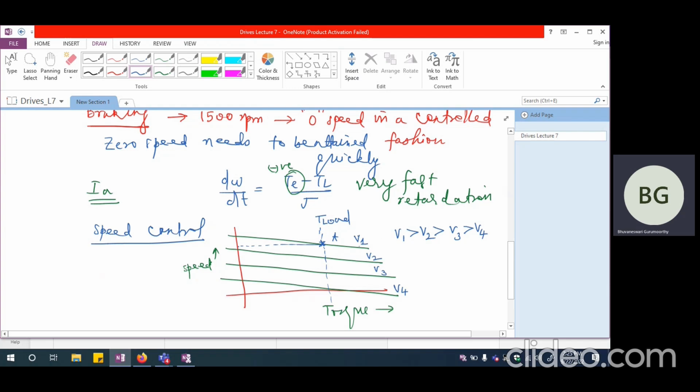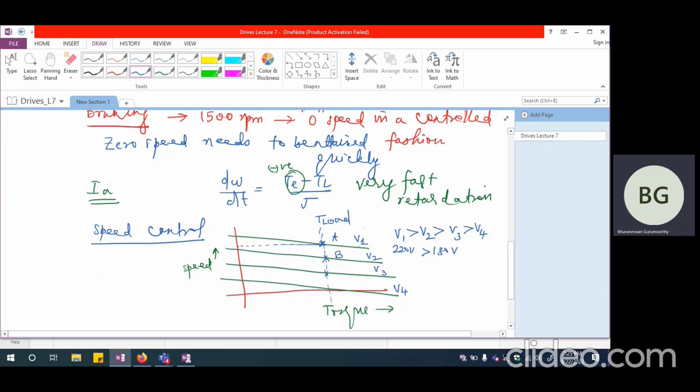If it is a 220 volts motor, maybe this corresponds to 220 volts. And when I want the speed to be decreased to a lower level, corresponding to operating point B, then I have to apply probably 180 volts. So V2 corresponds to a lower value of voltage.